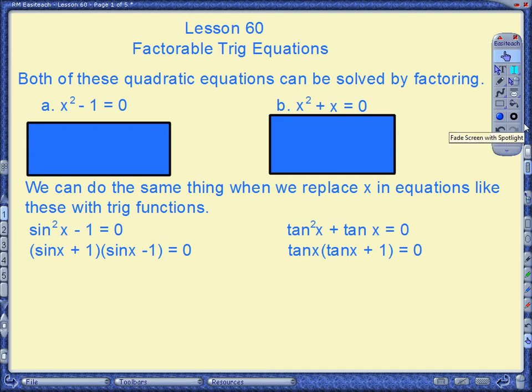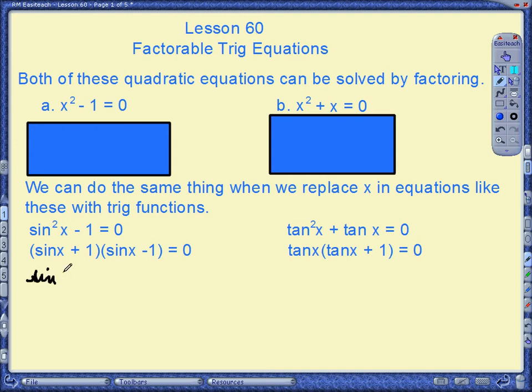Now we can do the same thing when we replace x in equations like these with trig functions. Instead of having x squared here, we have sine squared x. It's still the difference of two perfect squares, so it factors as sine x plus 1, sine x minus 1.